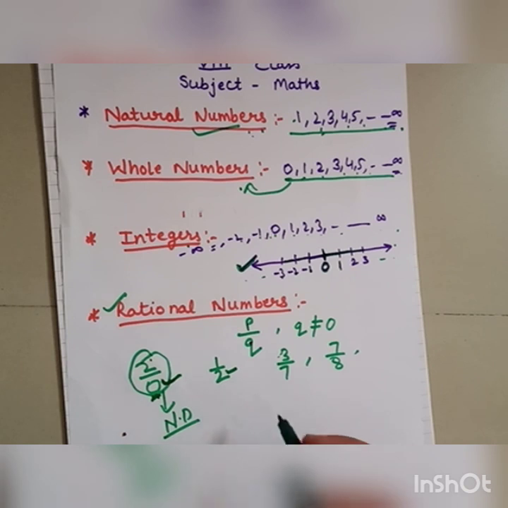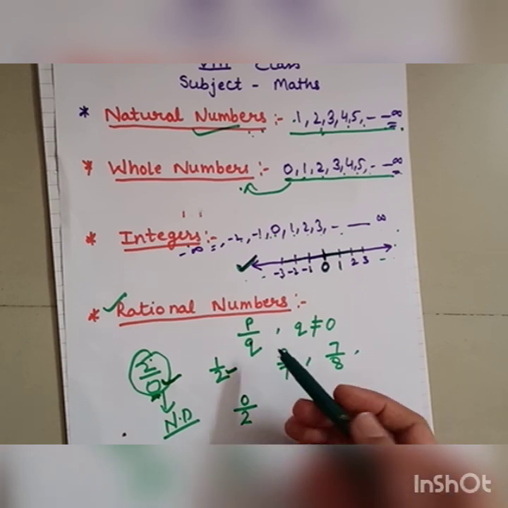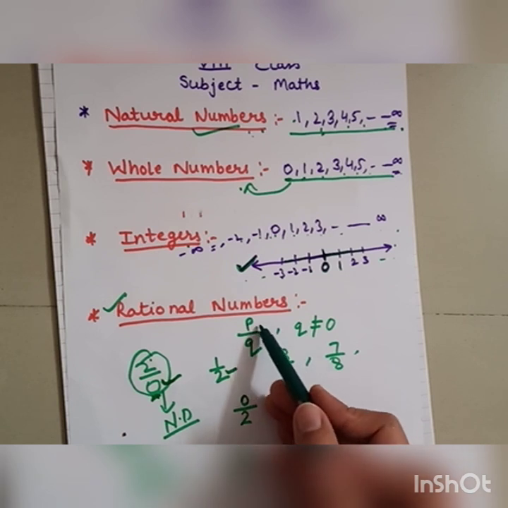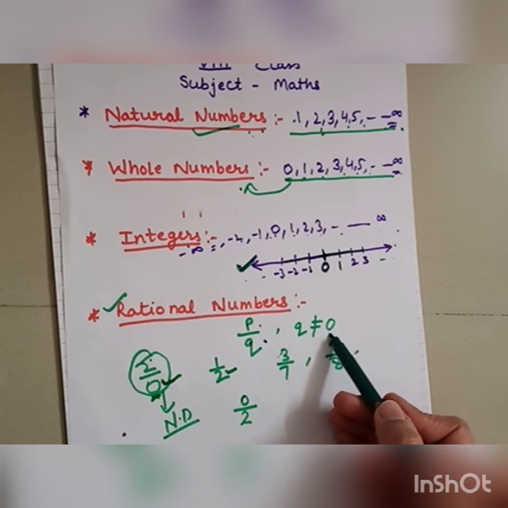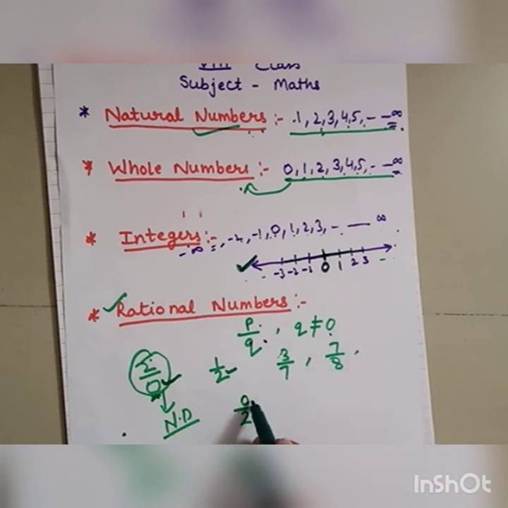When you write 0 in the numerator and 2 as the denominator, tell me, is this a rational number or not? This is rational because it satisfies the condition of a rational number. What is the definition? Rational numbers are those numbers which we can write in the form of p by q where the value of q is not equal to 0. Here the numerator is 0 and the denominator is non-zero, 2, not equal to 0.